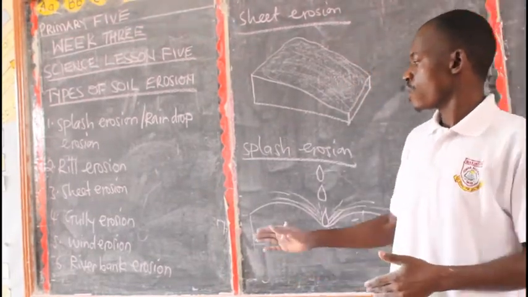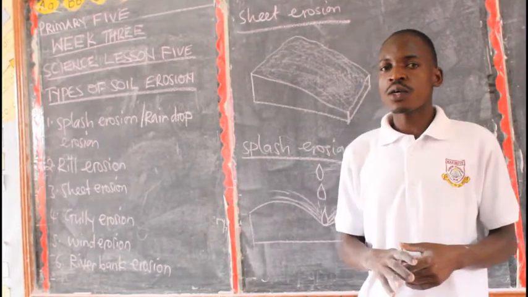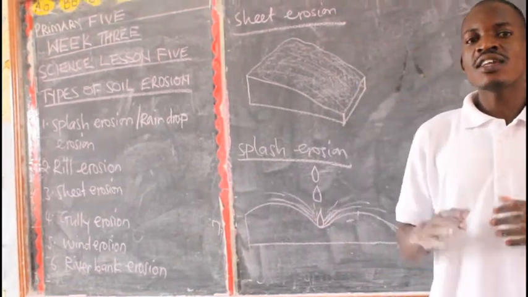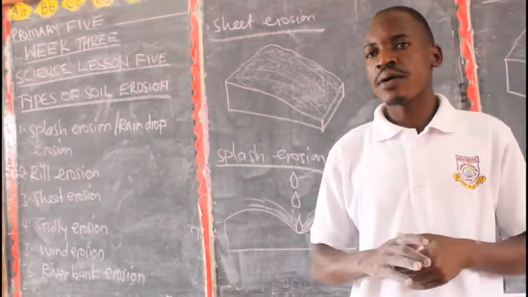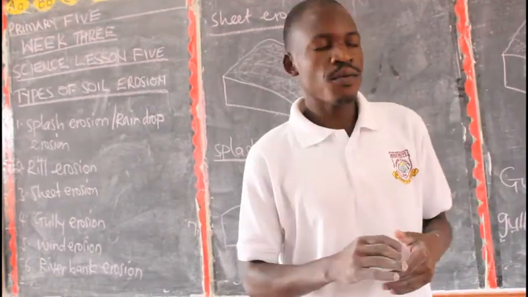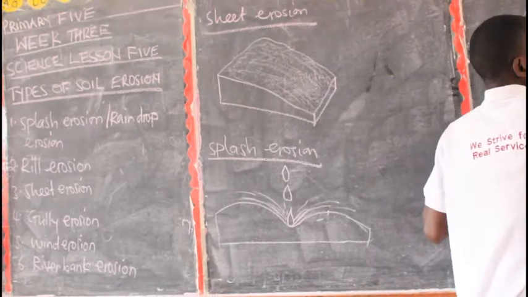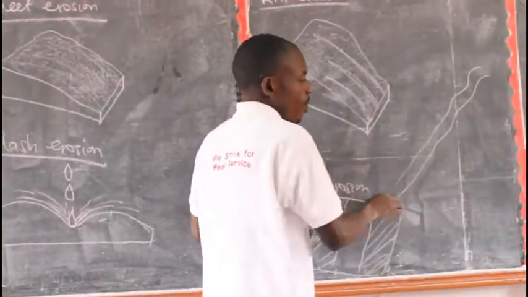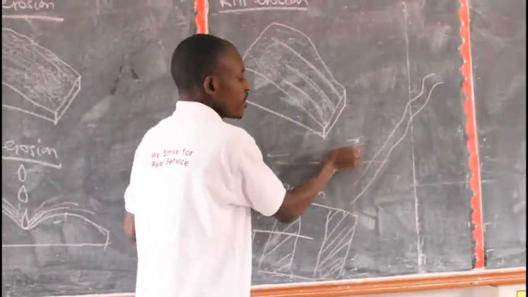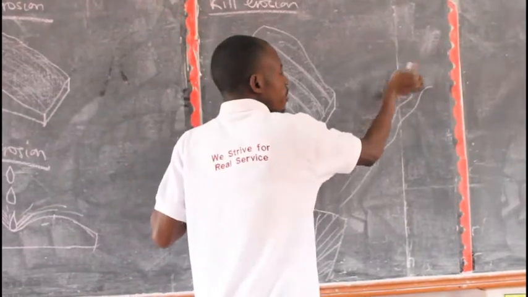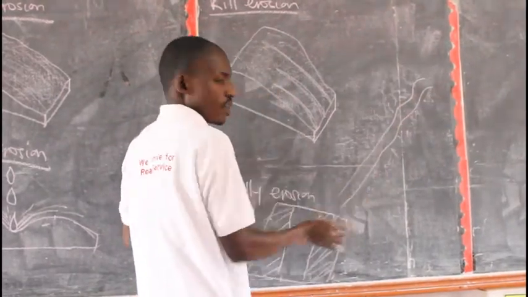Lastly, we have what we call river bank erosion. River bank erosion takes place at the banks of the river. When we talk about the banks of the river, we do not mean Centenary Bank. If this is our river, flowing, this side part is the river bank, the bank of the river.